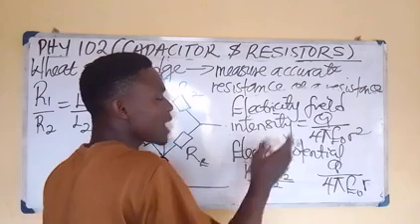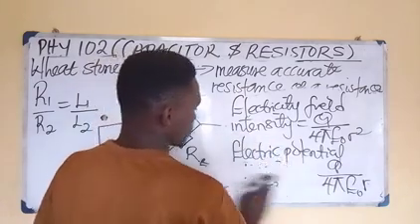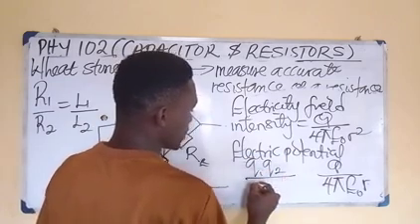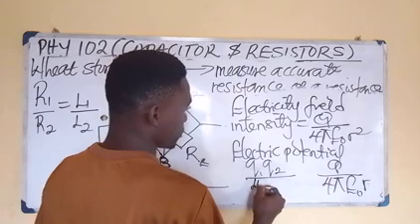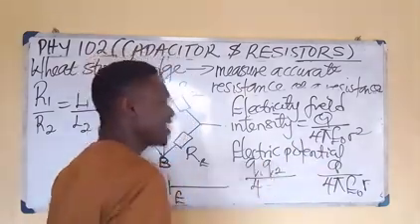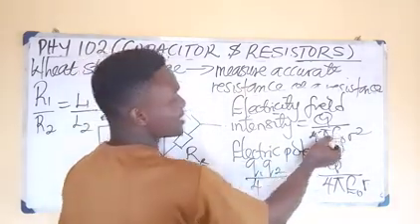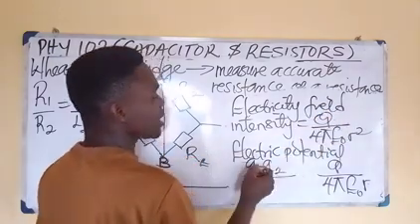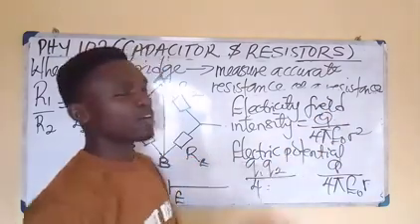But if I want to write it completely, it becomes Q1 Q2 over 4 pi epsilon naught. I've already written it here. So in place of this Q, which is the charge, you can put Q1 Q2, and you have the complete equation.